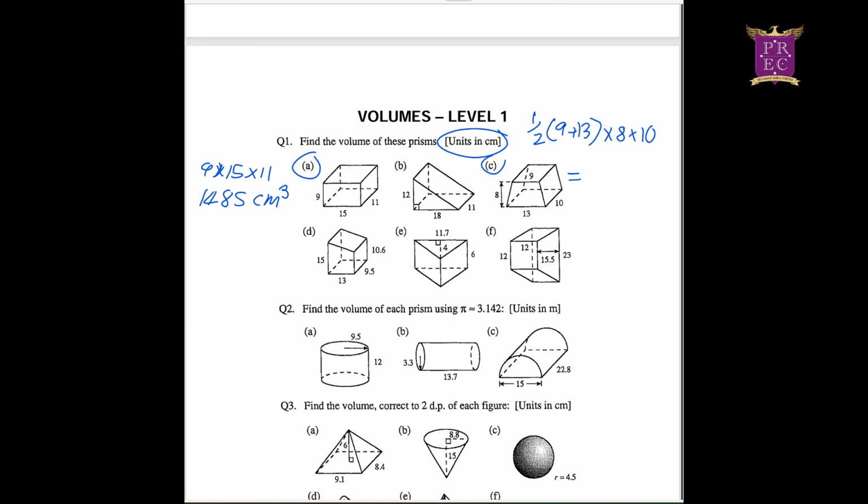You don't need to put this in the calculator, but if you need to, you can. So what we do first is 9 plus 13, because brackets first. 9 plus 13 gives us 22. 22 times half gives us 11. 11 times 80 gives us 180. So the answer is 180 cubic centimeters. Let's do question F.